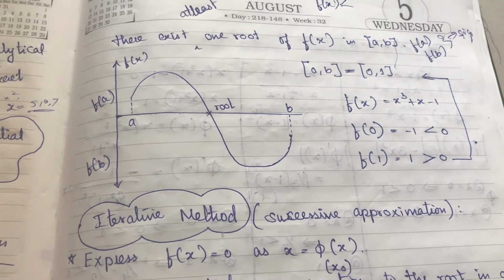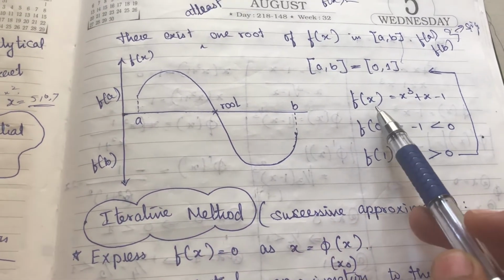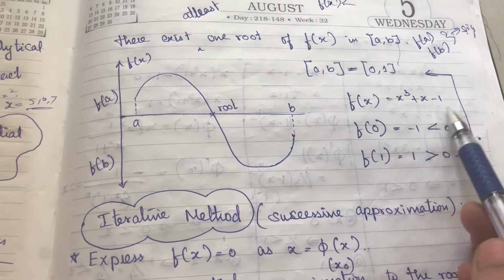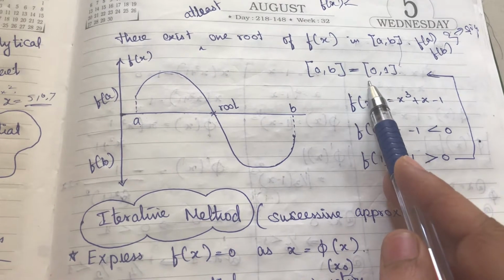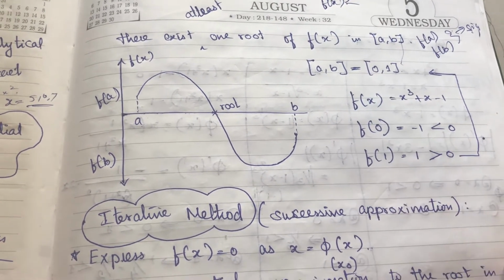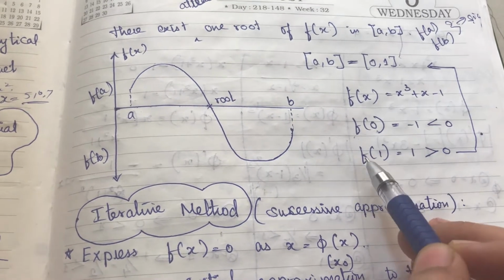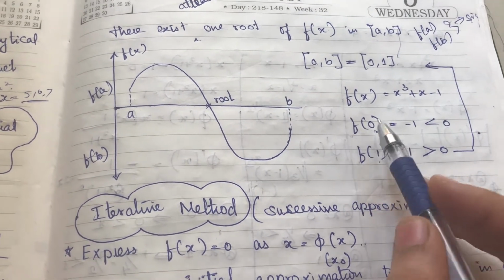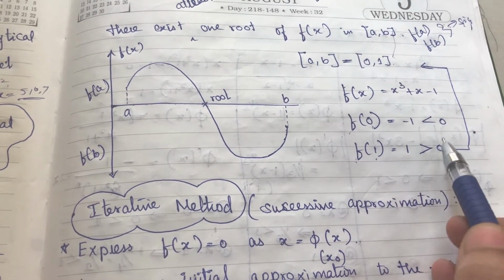So this is the function, with a and b. For example, if I give f of x as this function, and I take the interval 0 to 1, f of 0, like f of a, and this is f of b. So f of a will be less than 0, and f of 1 is greater than 0.